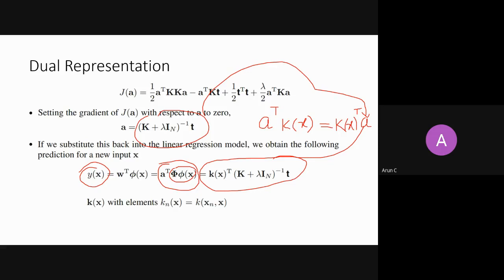The only thing I want to show here is that the moment you are trying to find the good value of a, it is in a dot product form. And the moment you want to predict, it is also in a dot product form. Everywhere you take dot products, right? Is this clear to you guys? This is the intuition for why I have come to the dual representation.